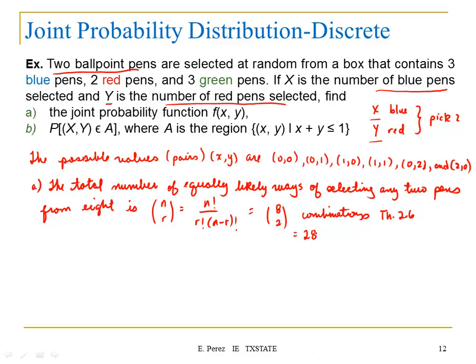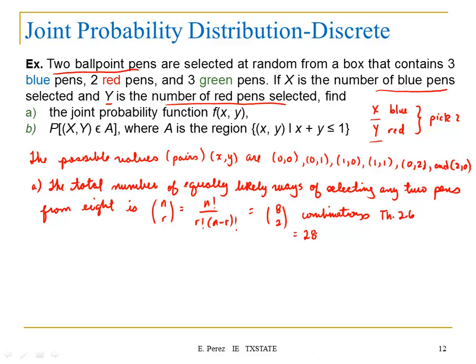And again, this is for all the ballpoint pens. We're not only constraining our sample space to the blue and the red. This is for all the pens, 8 pens. Okay?